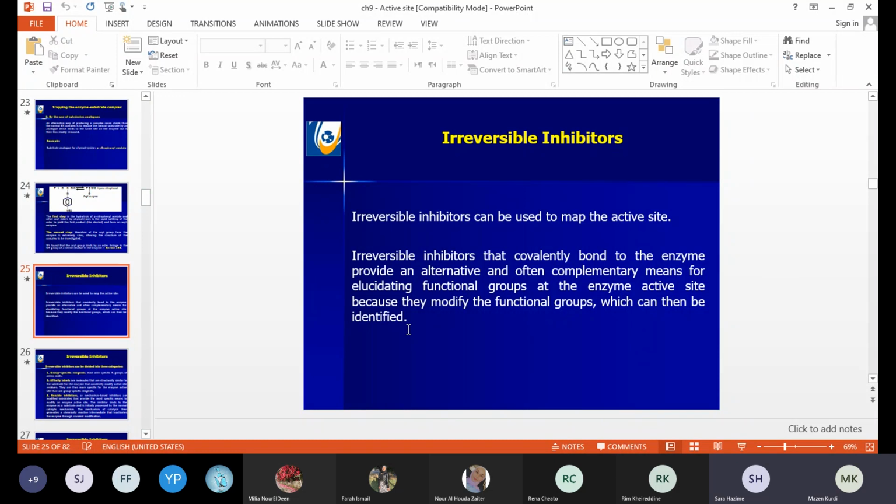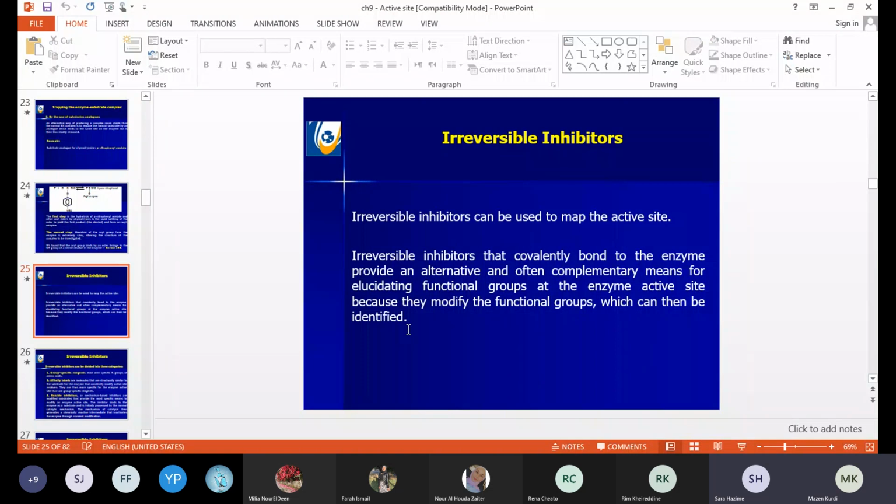Other methods that we can use also include the use of irreversible inhibitors. As you already know, irreversible inhibitors bind to the enzyme but do not dissociate, and they trap the enzyme as EI. So one of the methods to trap or analyze this is to use these irreversible inhibitors.